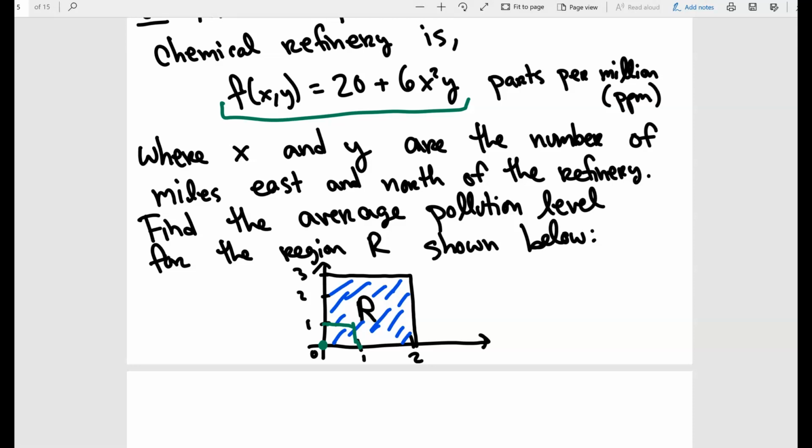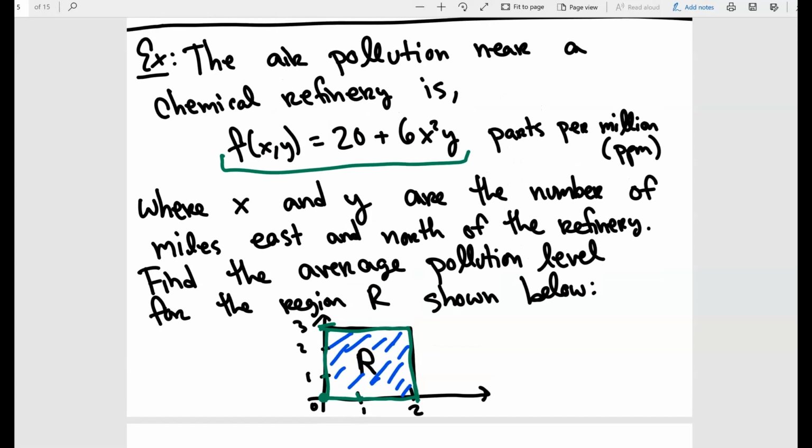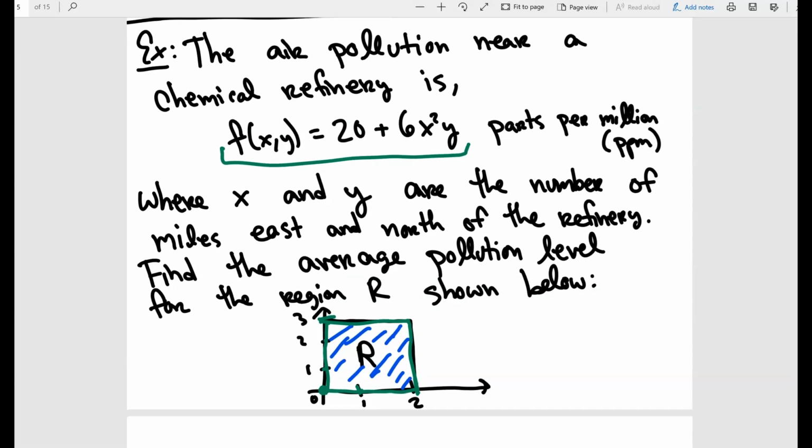But this problem is not asking that. This problem is asking, if I were to go 2 miles east and 3 miles north, what would be the average pollution in this area? That's a really good question, because in terms of air pollution, you don't want your company to mess up the environment.